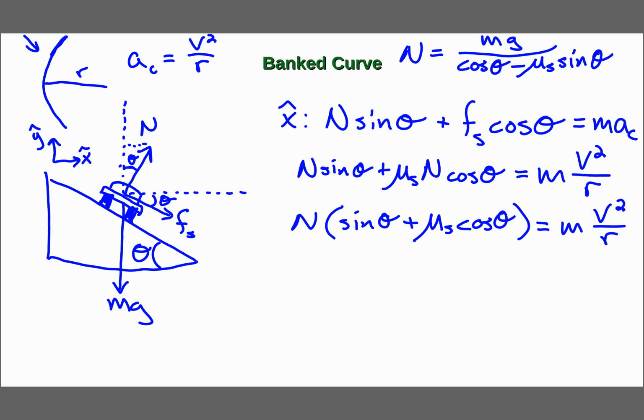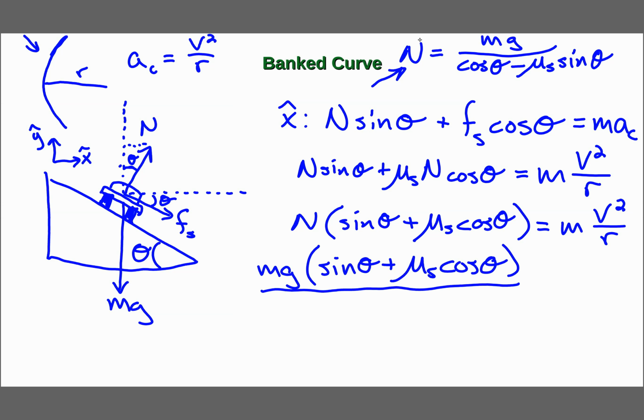And then I can plug in for n, right? So I have mg times sine theta plus mu sub s cos theta, all over cos theta minus mu sub s sine theta. And that equals m v squared over r.